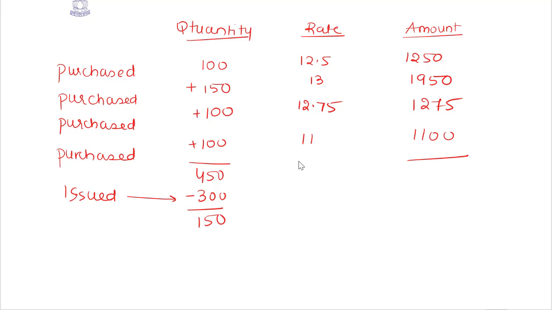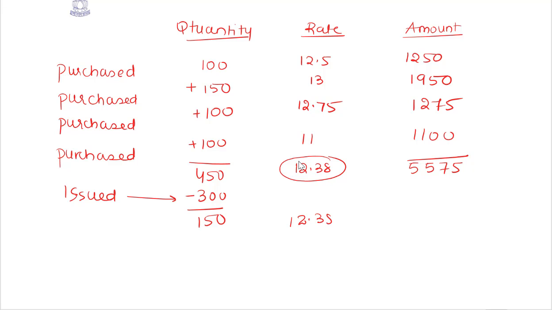Total amount: 1250 plus 1950 plus 1275 plus 1100, 5575. 5575 divided by 450, 12.38.